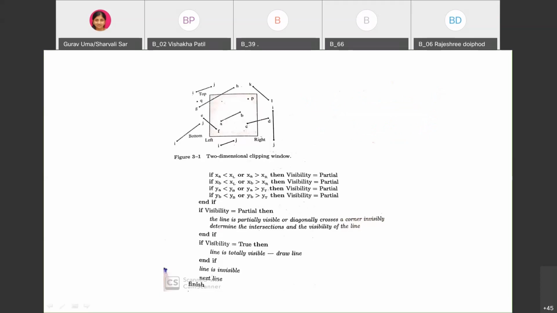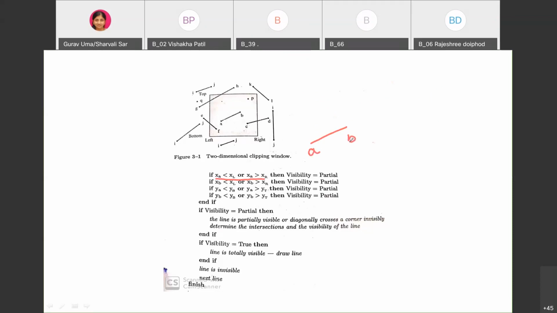See the first point of the line. Say we have some line AB. Now we have to see where that line is.